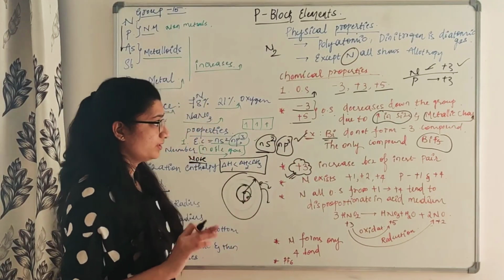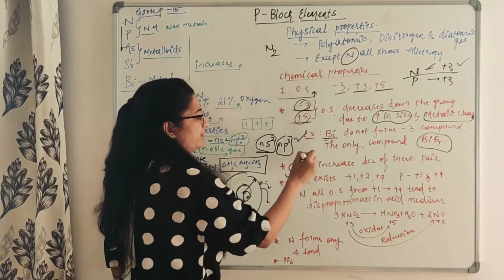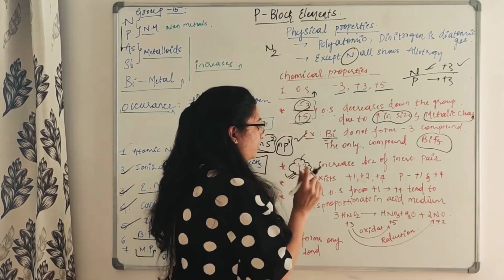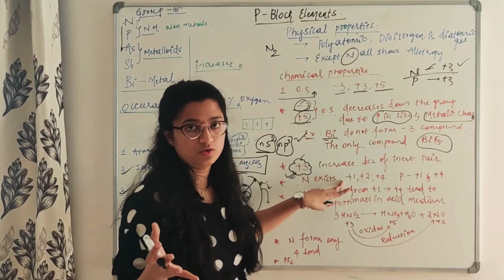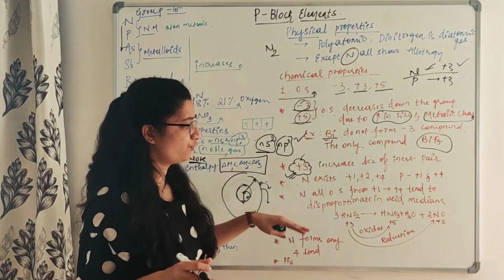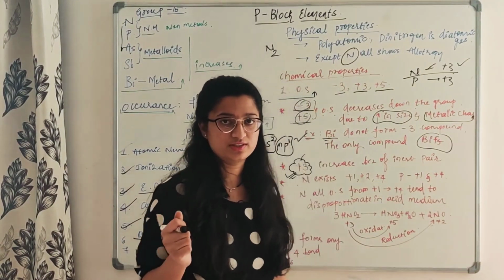Now, in the question you have to be very careful about which oxidation state they have asked for. Next, nitrogen shows all the oxidation states like +1, +2, +4, whereas phosphorus shows +1 and +4.